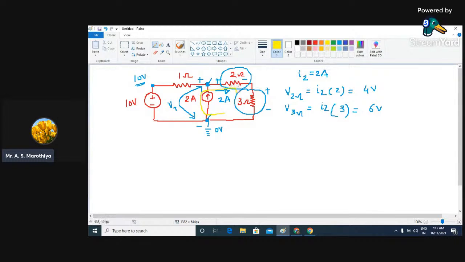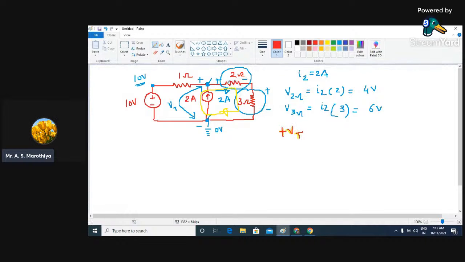If you apply Kirchhoff's voltage law in this particular path, what will you get? See, if you move from 0 to this particular point, that means from minus to plus, we are going to experience a voltage rise. So I can write here plus Vt.